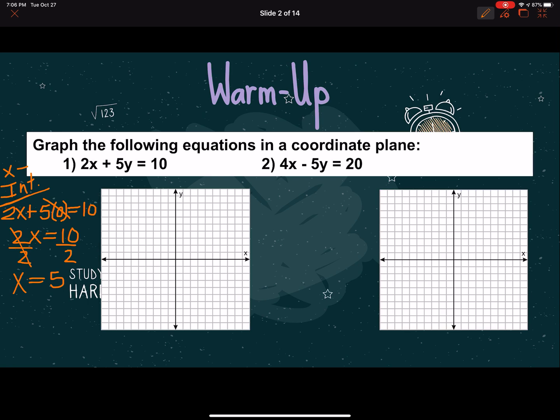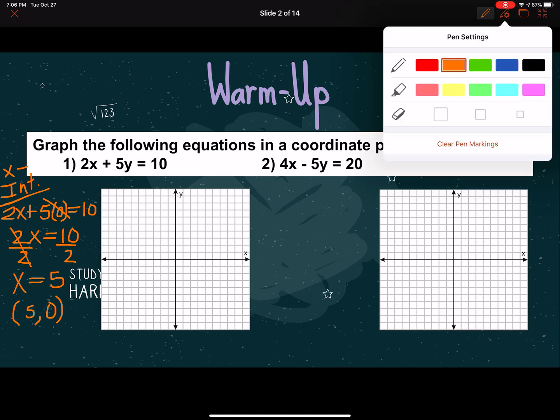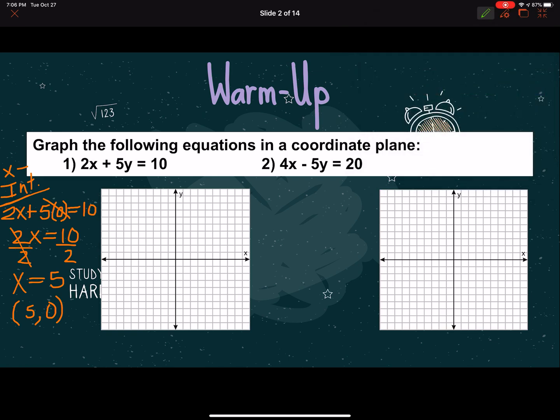So the coordinates for my x-intercept would be 5, 0. Now, thinking about the same concept for my y value, I'm just going to go right above here for my y-intercept. My pen is horrible, sorry guys. I'm going to substitute a 0 in place of my x value.